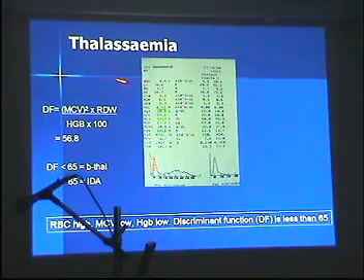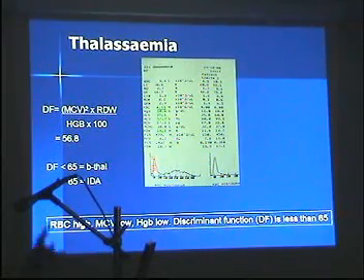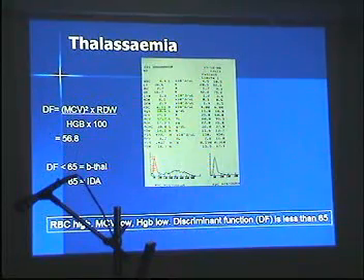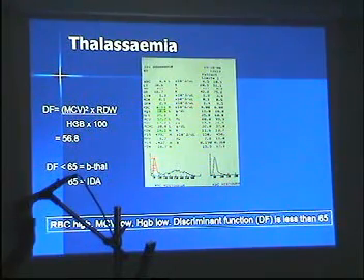In thalassemias, I am talking of thal traits only, carriers. When I mentioned on the PBS also, differentiating between iron deficiency and thal traits, only thal traits, not thal major. Please remember. This is also thalassemia trait. You have high RBC count, low MCV, and RDW is almost normal or a little higher, because in India we have a lot of combinations of iron deficiency associated with thalassemia trait.